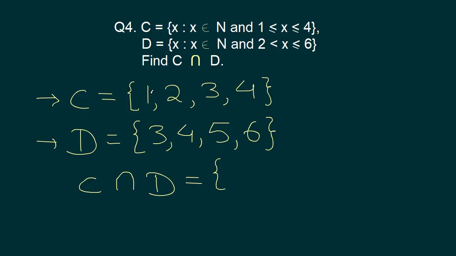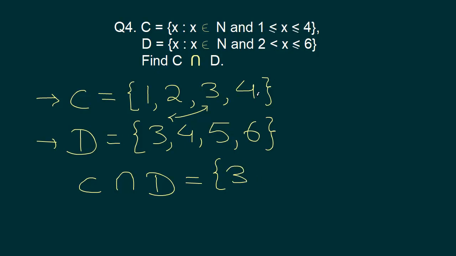So we start with set C. Let's say the first element is 1. Is 1 present in D? We don't see 1 here, so we cannot write 1. Then let's move on to the second element, which is 2. We notice that 2 belongs to C, but 2 is not present in D, so 2 doesn't go here. Then 3. 3 actually belongs to set D, so 3 is common in both the sets, so we write element 3.